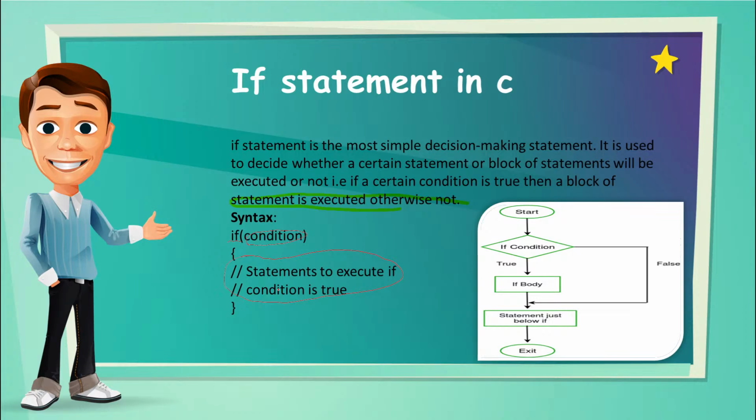In the last class I told you that the flow of execution of any program starts from top to bottom. So here, when the execution starts, the compiler will check this condition. If this particular condition is satisfied and true, in that case the if body will be executed.